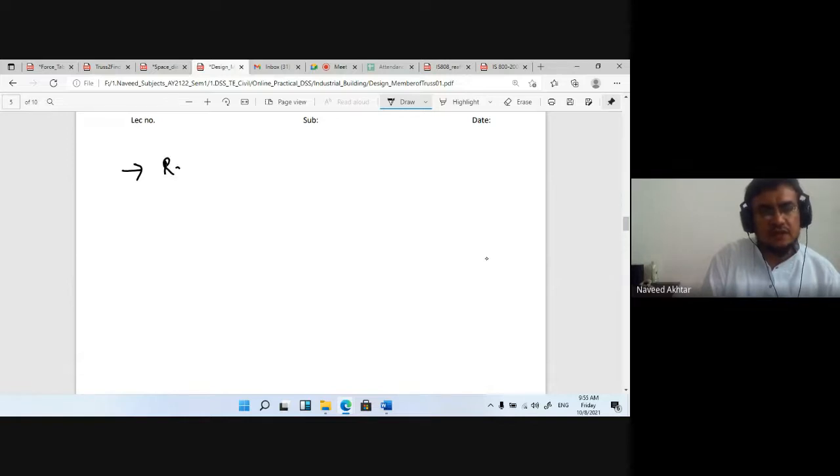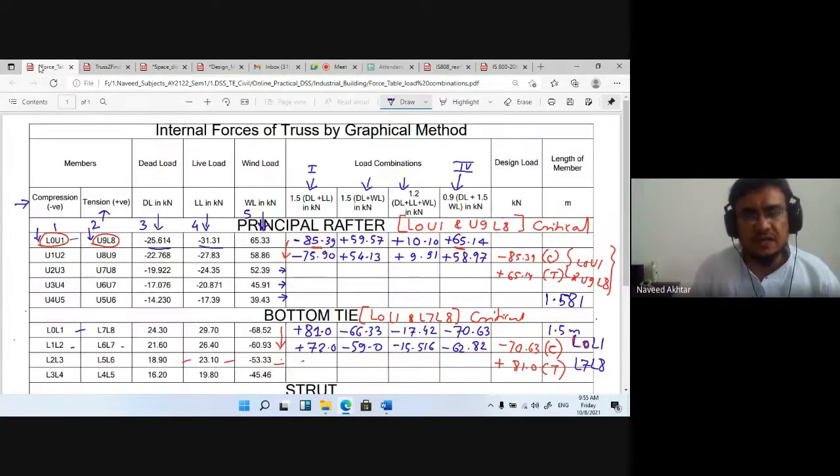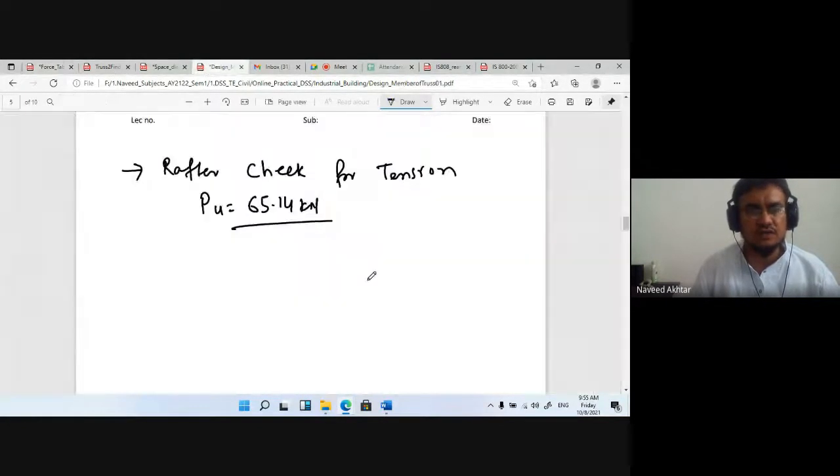For the rafter, check for tension. For tension, the factored load is 65.14 kilonewton.